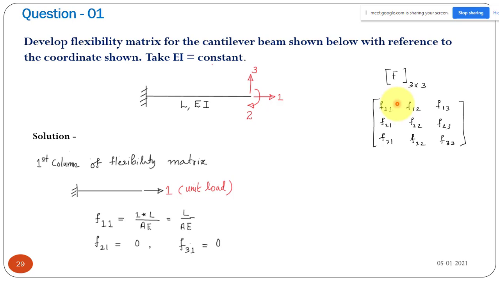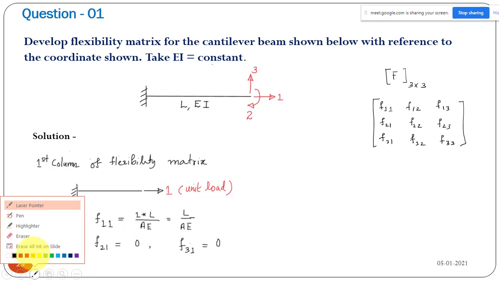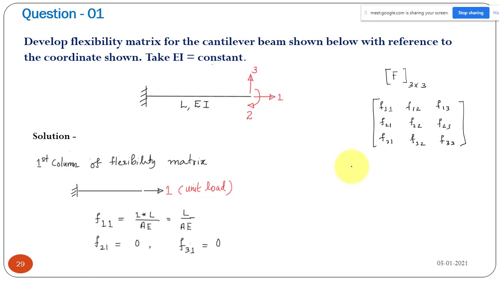The equation for axial deformation: if P is the force, delta is equal to PL by AE. Where P equals 1, you will get 1 into L by AE.